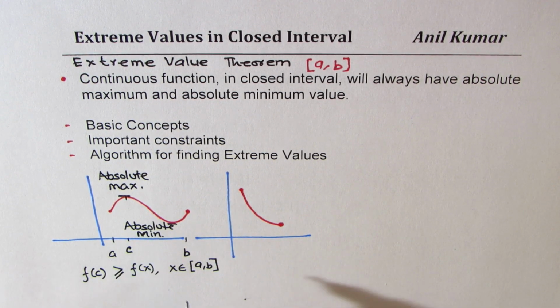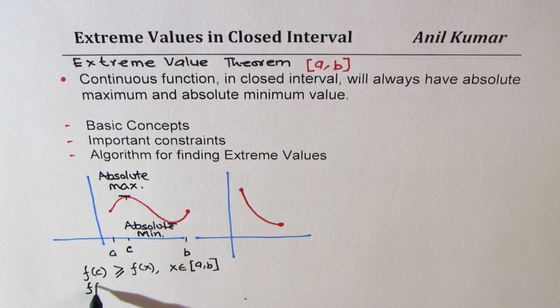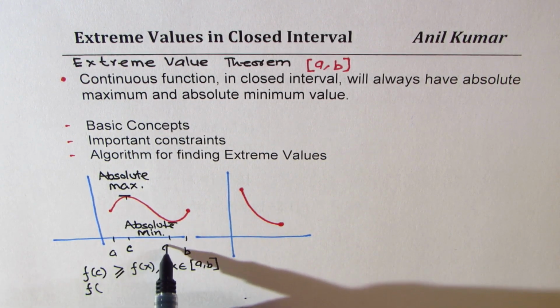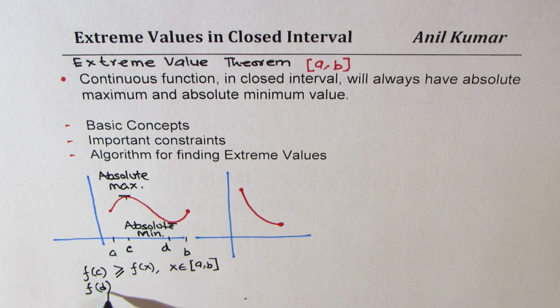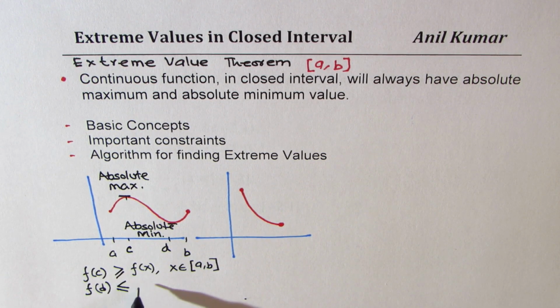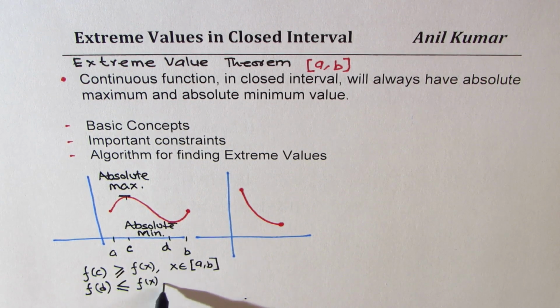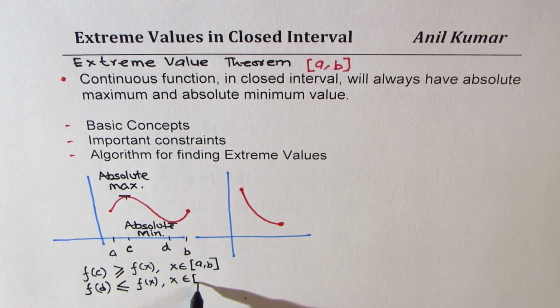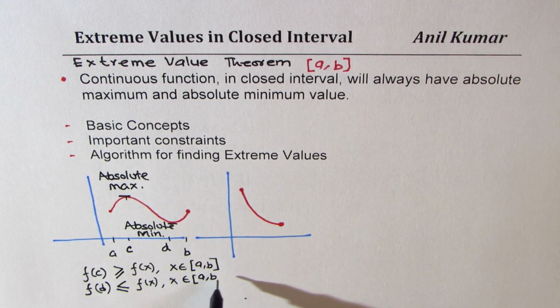Similarly, for absolute minimum, there will be another point, let's say D, where the value of the function will be minimum. That means less than or equal to f of x, where x belongs to any real number between A to B, right?